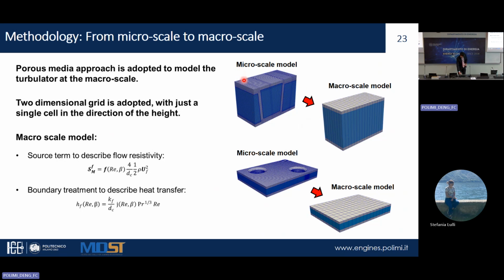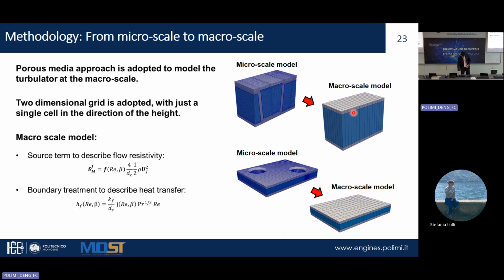If you look from the microscale to the macroscale, what changes is the resolution of the turbulator itself. Here you see a 3D mesh, whereas here it's a 2D mesh because it has resolution in the X and Y plane, whereas in the Z direction there is only one cell. So this reduces the computational time required a lot, and so also the cell count.